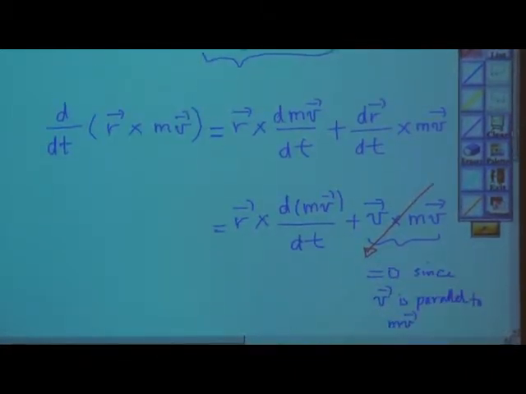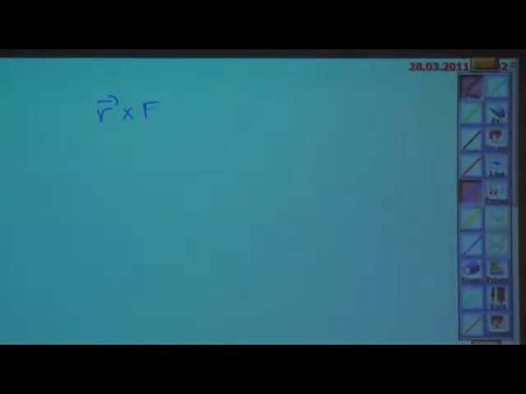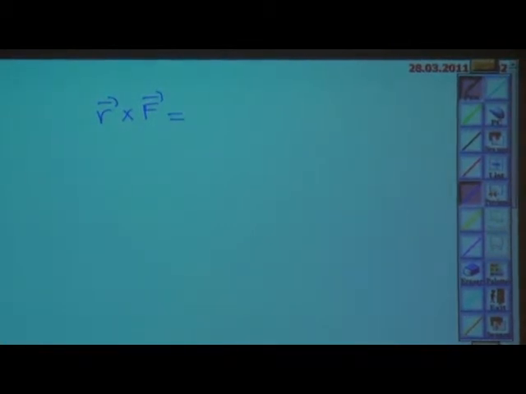So we have a good reason now to write that R cross F was R cross d by dt of m times v.